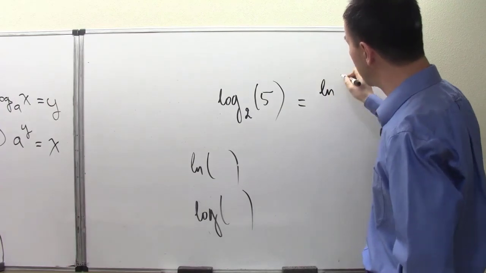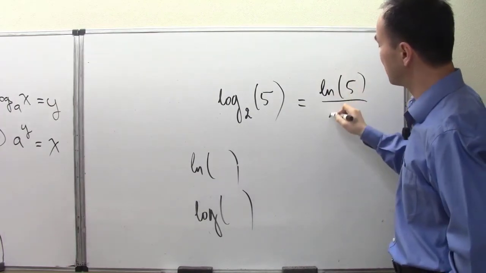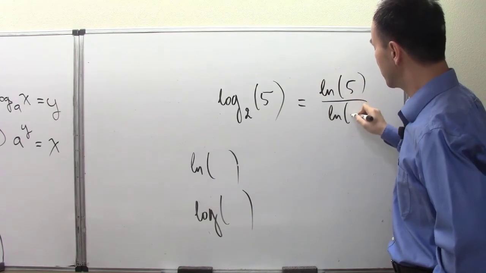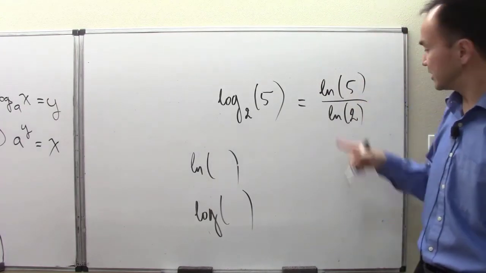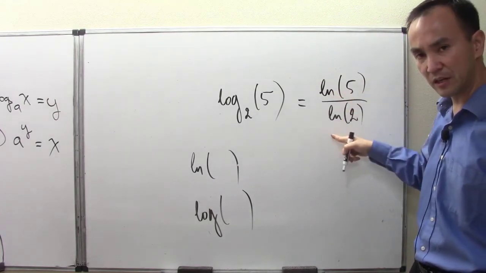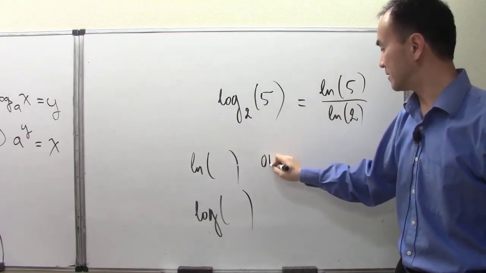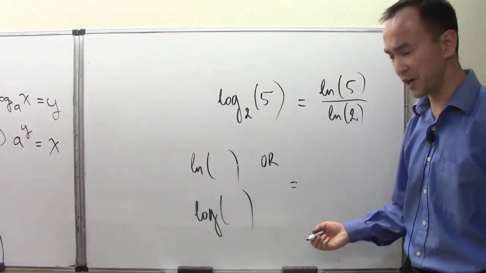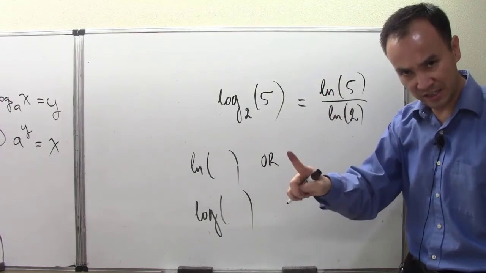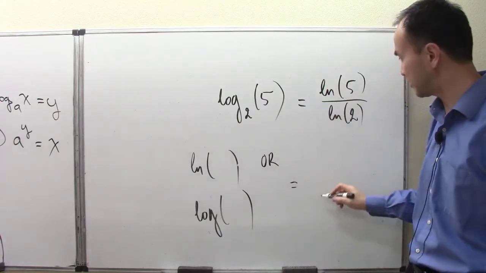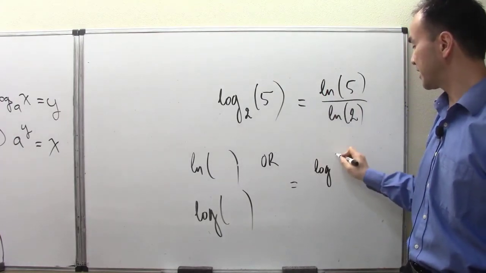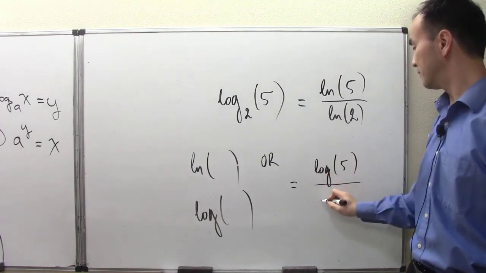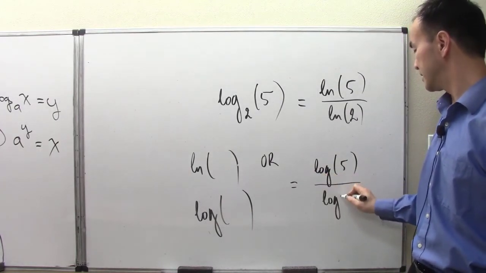Somebody can do natural log of 5 divided by natural log of 2, which is log base e of 5 divided by log base e of 2. Or someone can make a different choice, and either way it's going to land us on the same exact answer: log base 10 of 5 over log base 10 of 2.